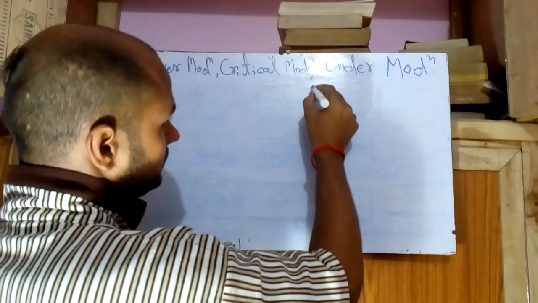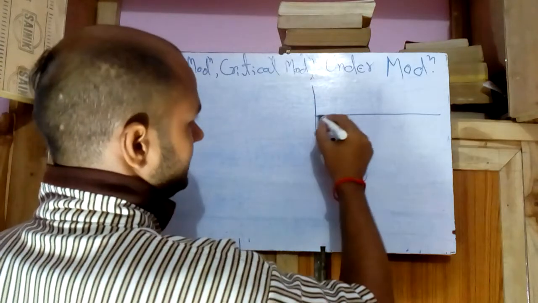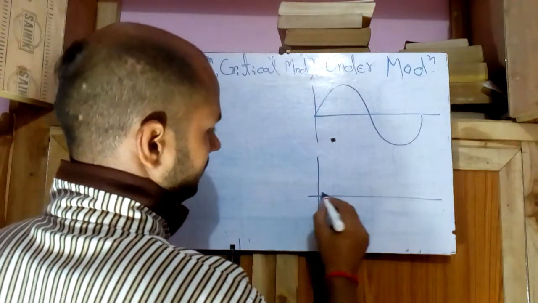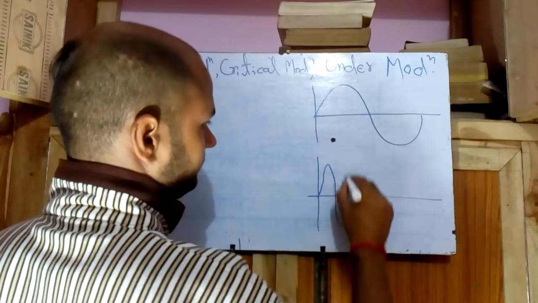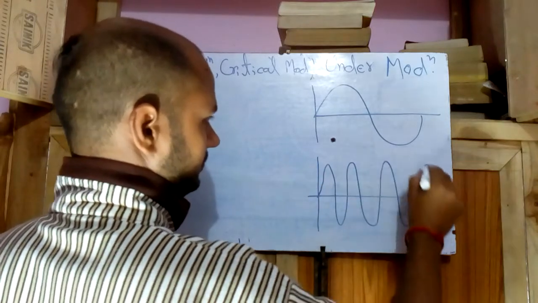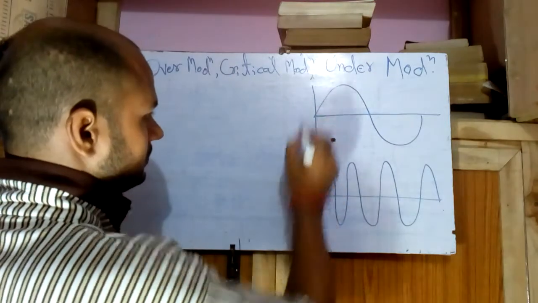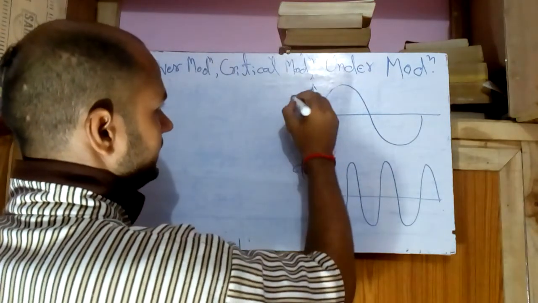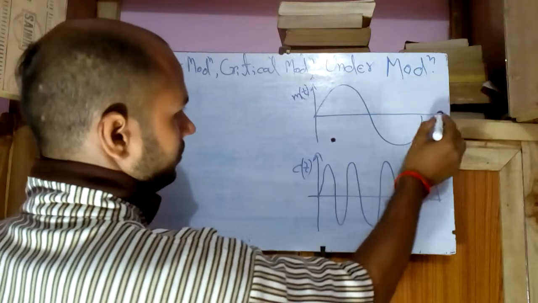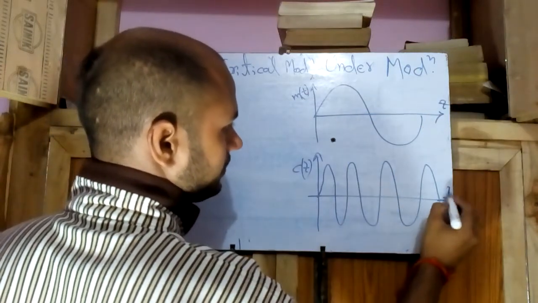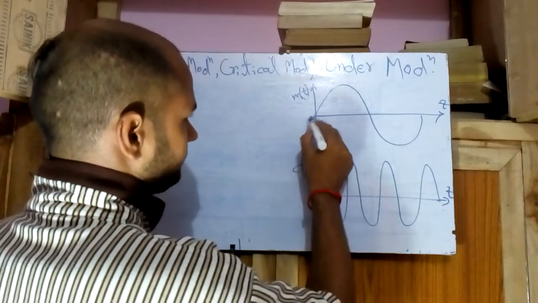If the message is this and the carrier is this, it is a high frequency signal and this is a lower frequency signal. This is a high frequency signal.